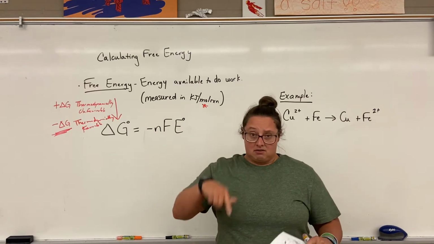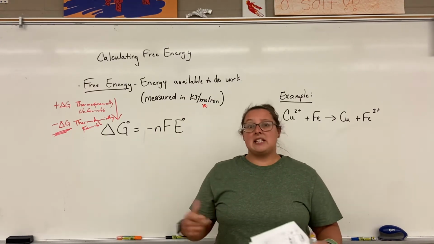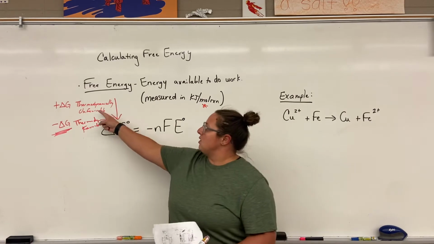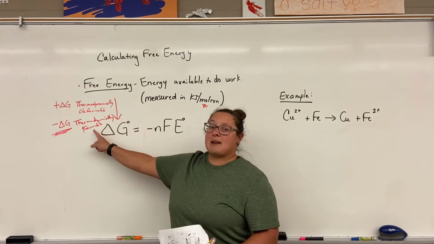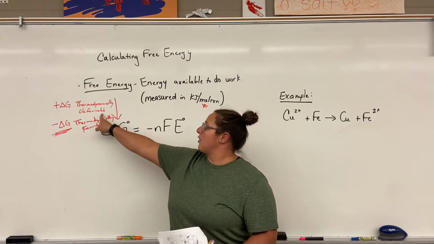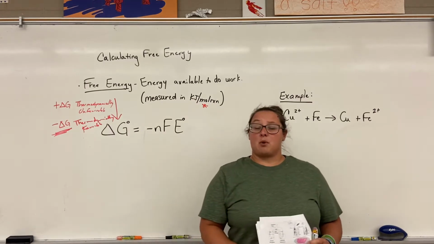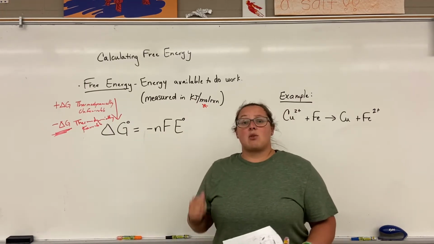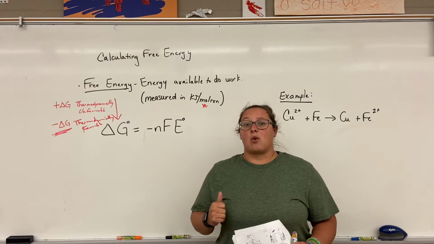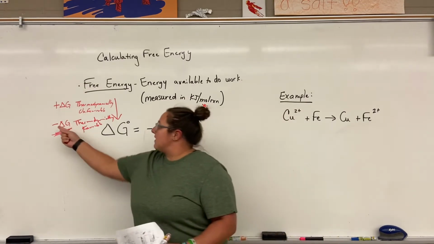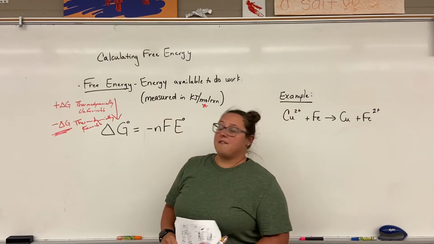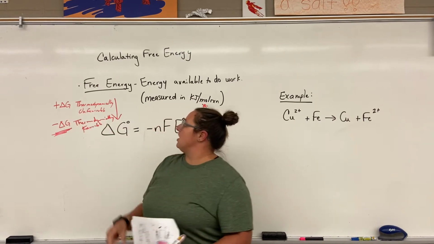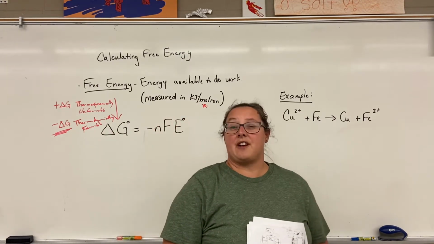On today's exam, when we need to discuss that, we want to use these terms, thermodynamically favorable or thermodynamically unfavorable. And remember, that means that the reaction happens on its own or not. Negative delta G's are thermodynamically favorable. Positive delta G's are thermodynamically unfavorable.